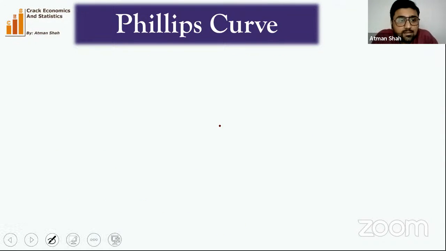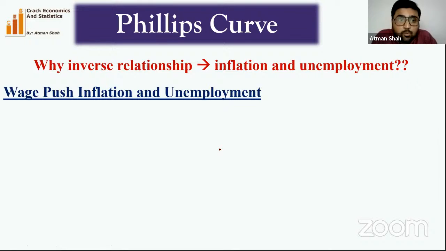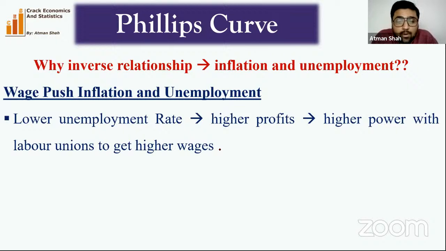Now let's talk about the wage push inflation and unemployment. Normally we have two types of inflation, demand pull and cost push. So this wage push is a part of the cost push inflation. So a lower unemployment rate basically shows higher profits in the economy. So higher profits or lower unemployment rate means that the labor unions have higher power to get higher wages.